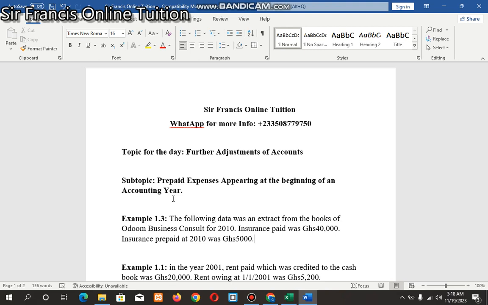And because it is appearing at the beginning of the accounting year, it is part of the coming year's expenses, and it should be debited to that relevant expenses account, to indicate that the expense is in relation to the current year. So prepaid expenses appearing at the beginning of the accounting year are debited to the relevant expenses account.